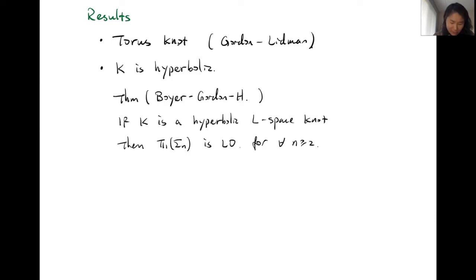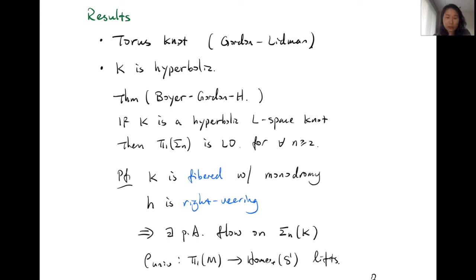Next, let's move to hyperbolic knots. The theorem is: if K is a hyperbolic L-space knot, then π_1 of the cyclic branched cover is left orderable for any n bigger than or equal to 2. The proof of the theorem essentially uses the fact that K is fibered. We need K to be fibered and hyperbolic, and we also want the monodromy to be right-veering.